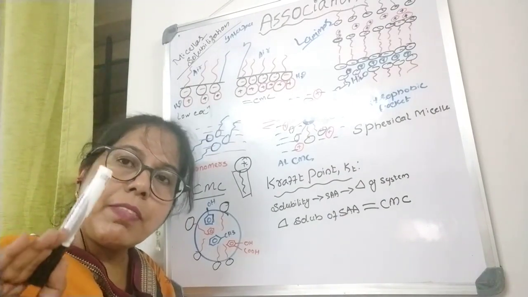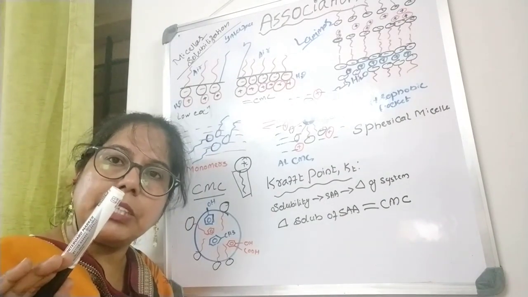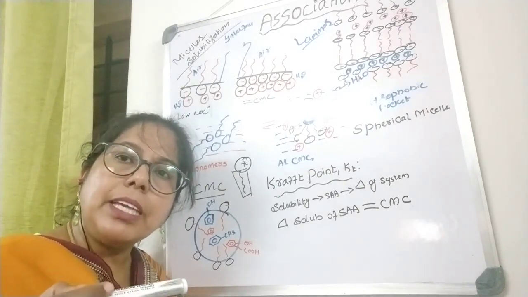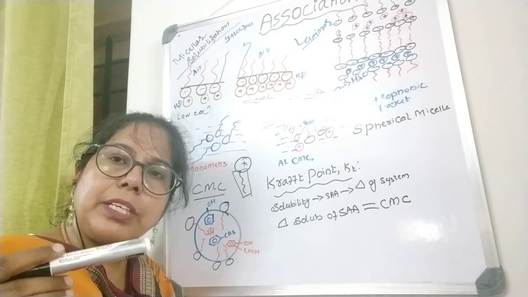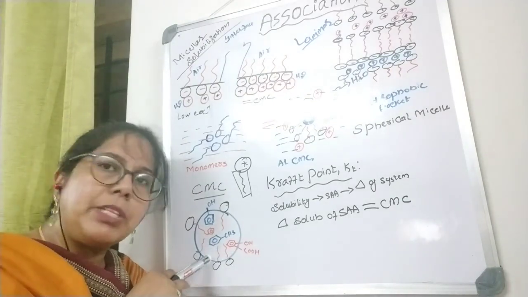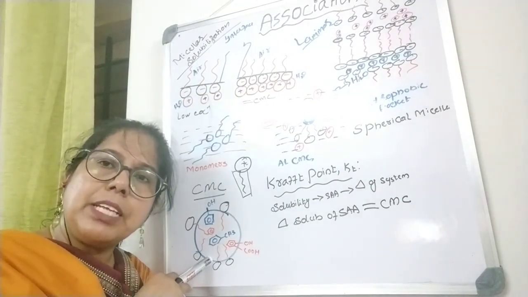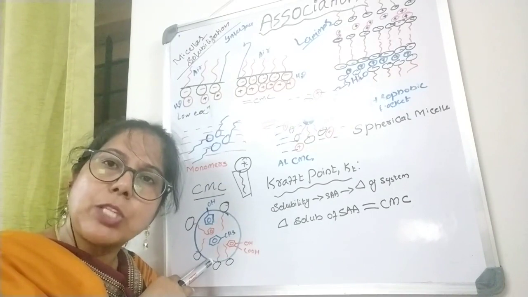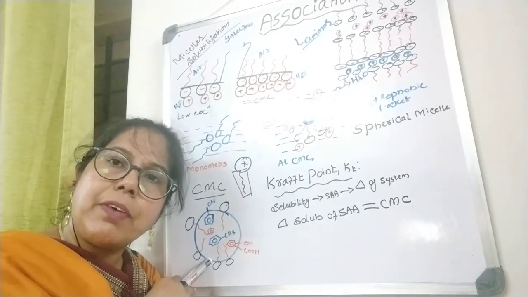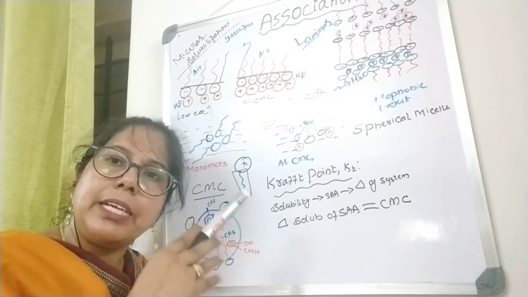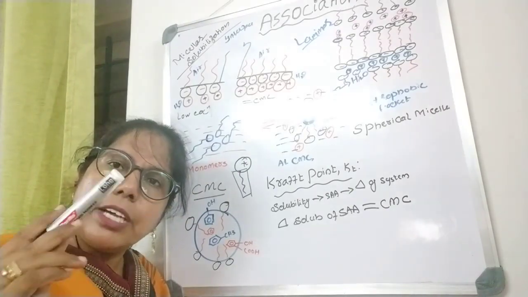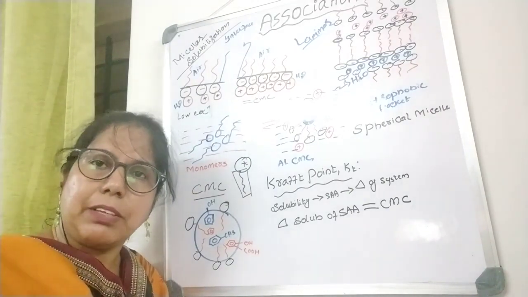If they ask the same thing, association colloids, for 7 marks, along with any other 3 marks question asking you to explain in detail the micellar solubilization process, you have to add one more figure. Micellar solubilization is the process of solubilizing an insoluble drug or dispersed particle by forming a colloidal dispersion by the addition of surface active agent at the concentration range of CMC.